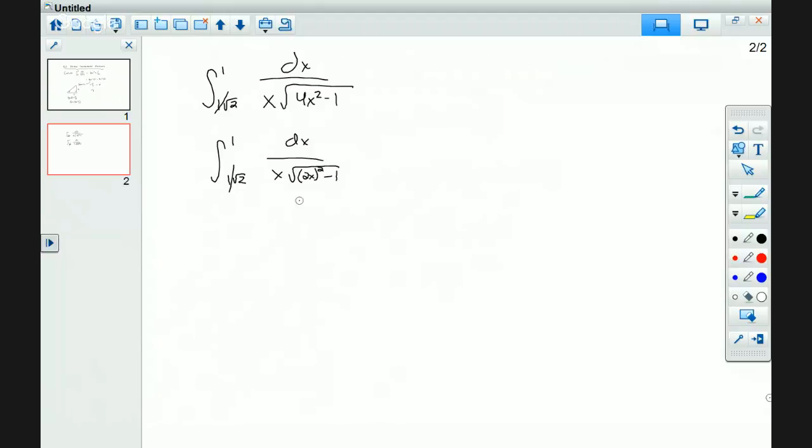If I substitute u in for that value, u is 2x. And what's du? Is there a 2 in here? Okay, so we have to divide it over.